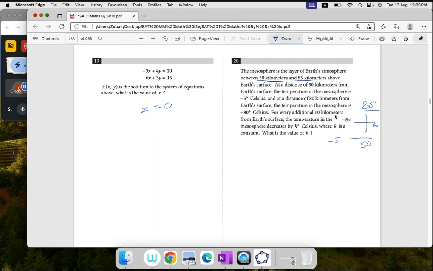For every addition of 10 kilometers from the surface, the temperature decreases by how many degrees Celsius? So basically, in 30 kilometers, from minus 5 to minus 80, it is changing 75, divided by 30. So 2.5. It decreases by 2.5 degrees.